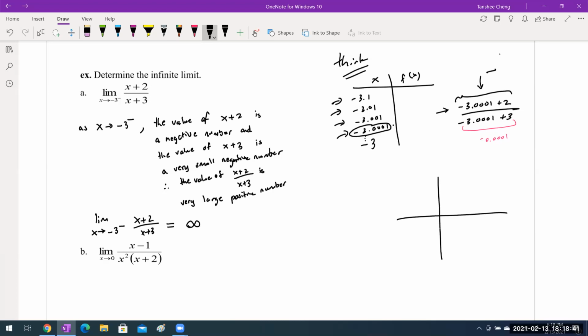In pre-calc, we learned that -3 is not in the domain, right? The function is not defined at -3, so it's a vertical asymptote. And the numerator degree and denominator degree are the same, so it's a horizontal asymptote right here.